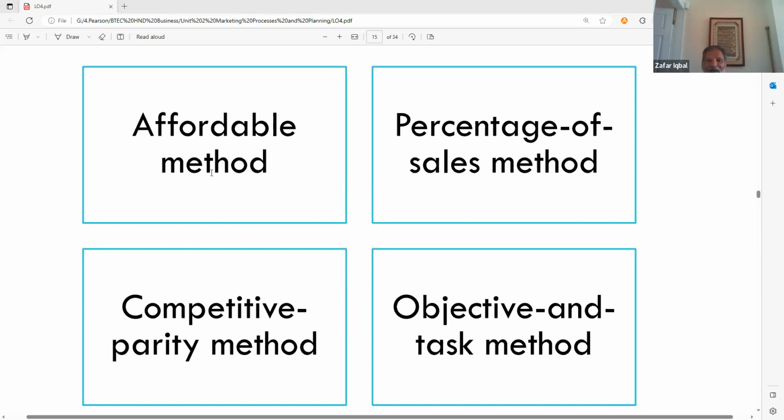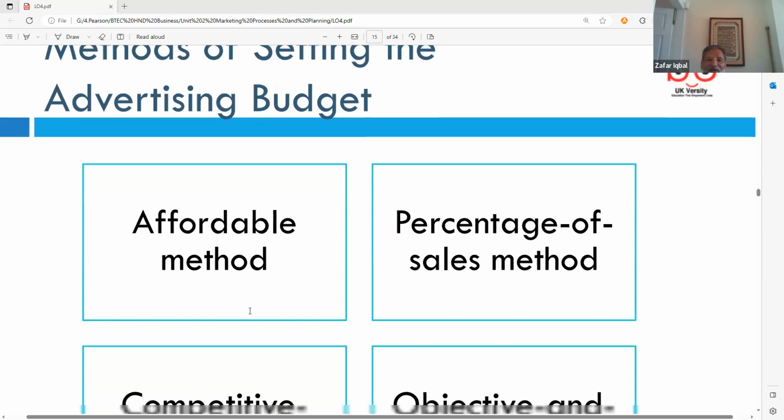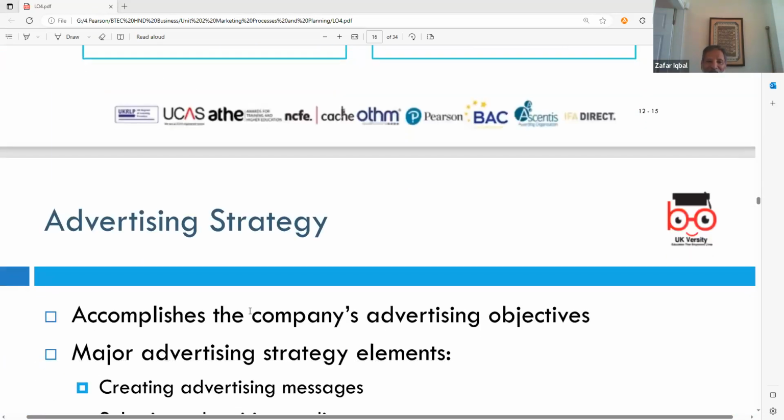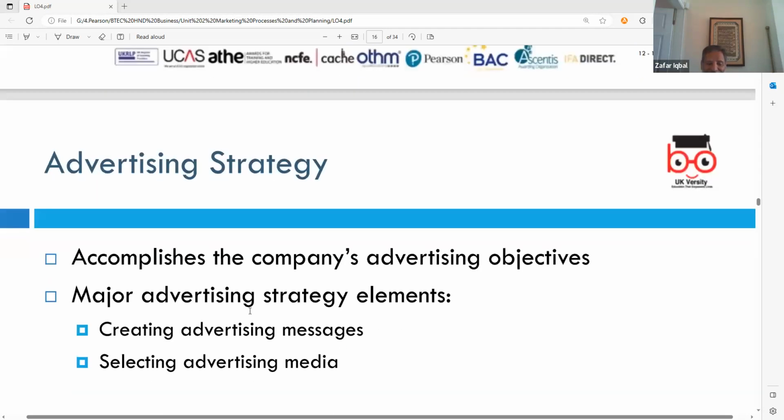Is it the affordable method, the percentage of sales method, the objective and task method, or the competitively priced method? Which method are you going to use to set the advertising budget?